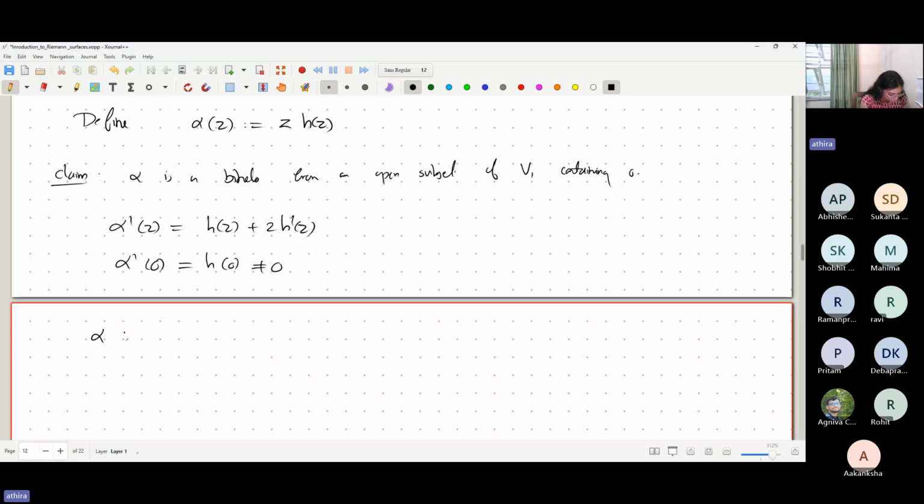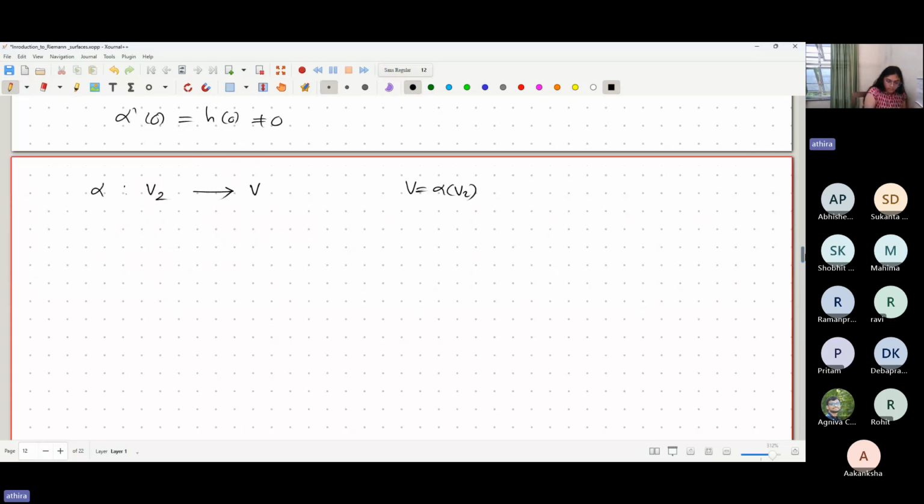I am writing that open subset as V2, and this is mapping to V, where V is alpha of V2. It's a biholomorphism. I will write beta as the inverse of alpha.